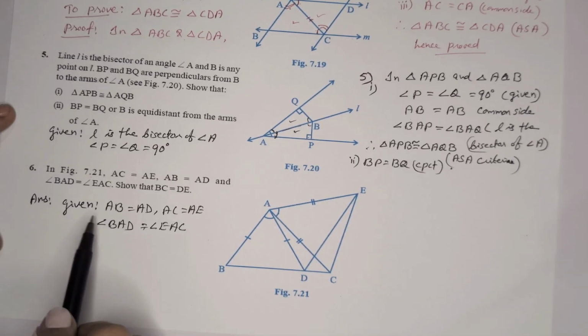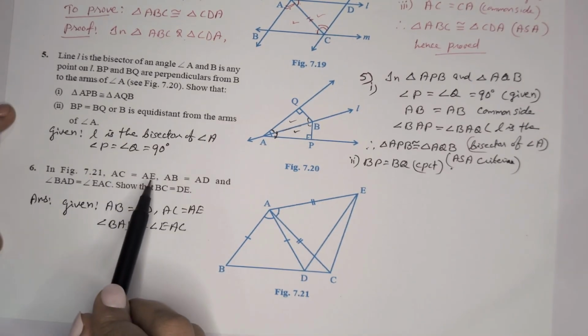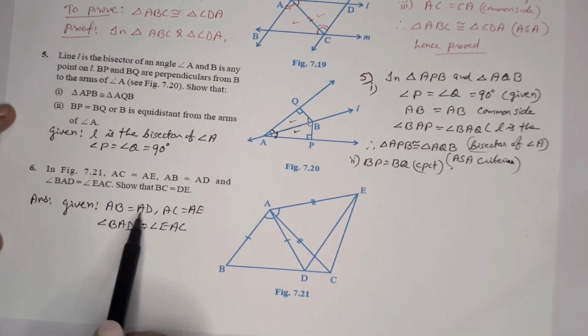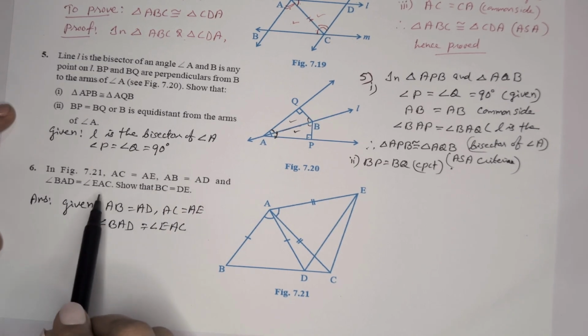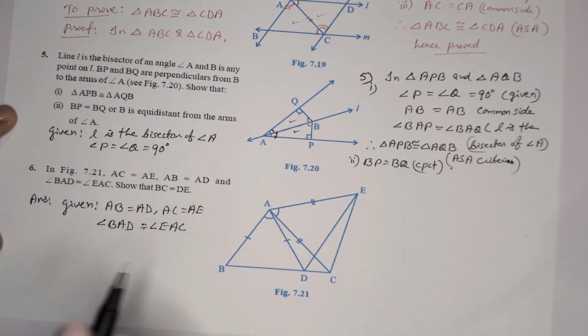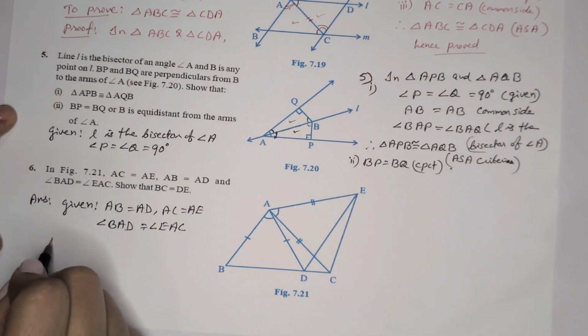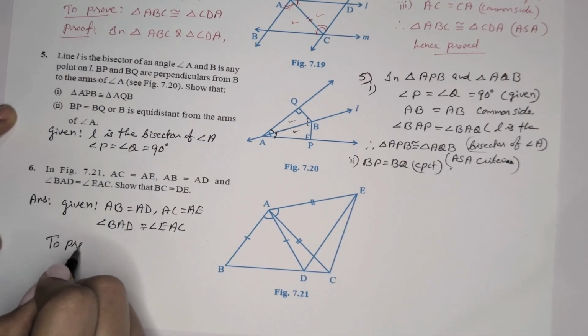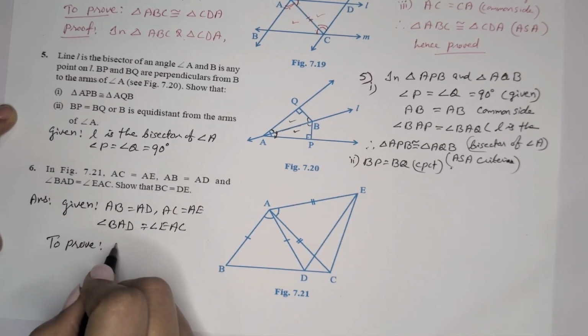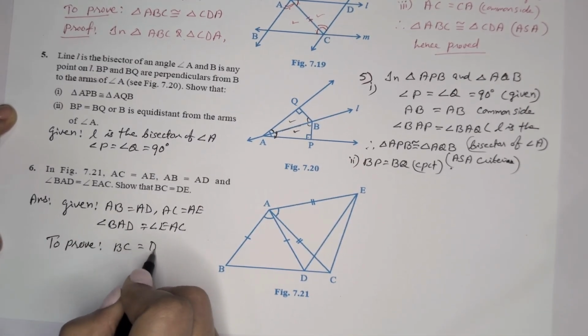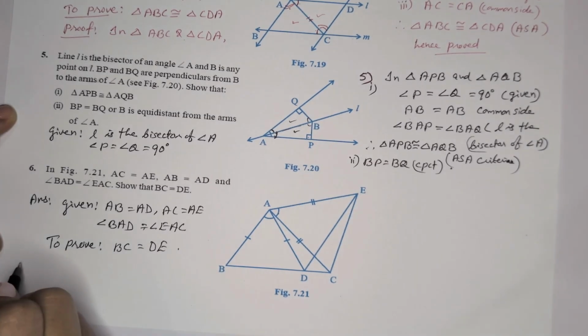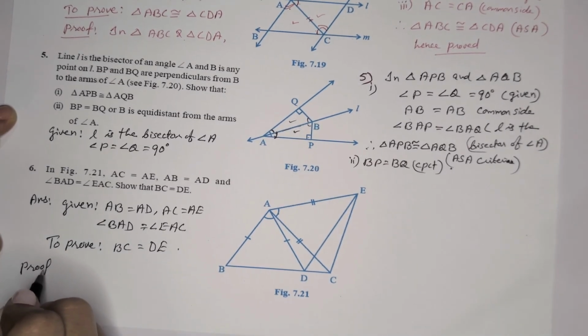So first we can write the given terms: AC is equal to AE, AB is equal to AD, and angle BAD is equal to EAC. Then to prove, BC is equal to DE.